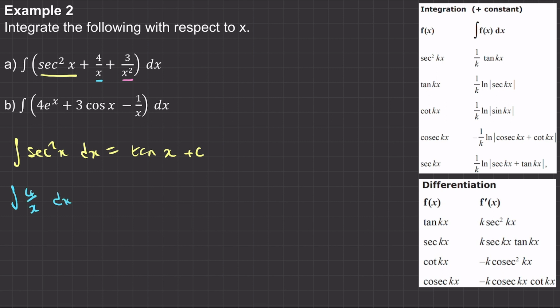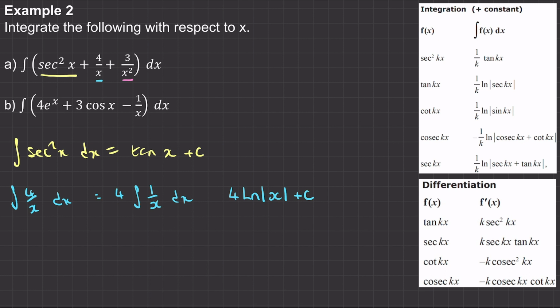And I can rewrite this integral by taking a 4 to the other side of the sign. So this becomes 4 times the integral of 1 over x dx. And the integral of 1 over x is not provided in our formulas, but this is the natural log of x. So 4 times the natural log of the magnitude of x plus c.